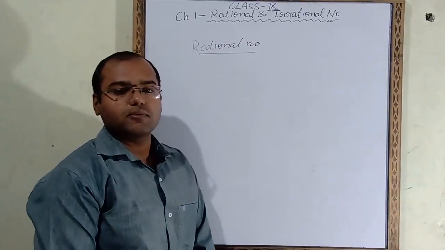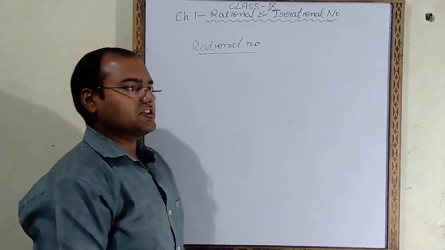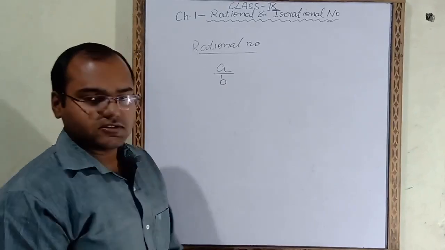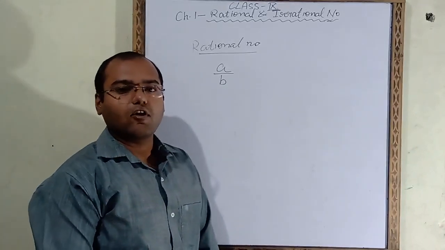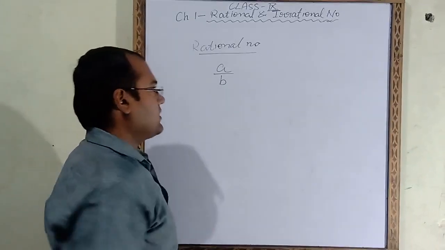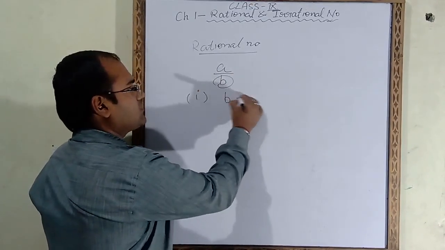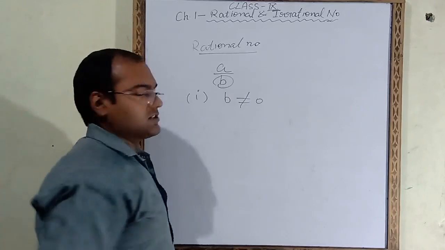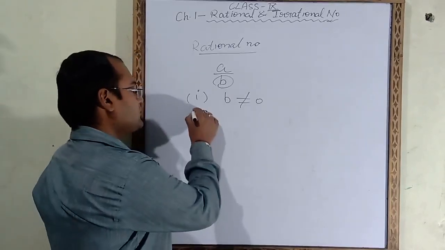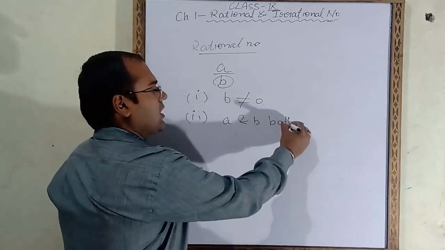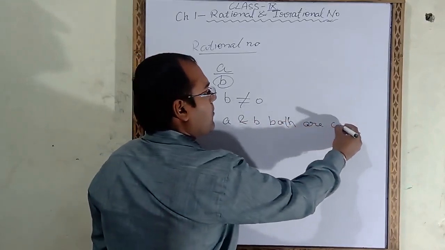All those numbers that can be expressed in the form of a upon b, such that b should not be equal to 0 and a and b are both co-prime numbers.